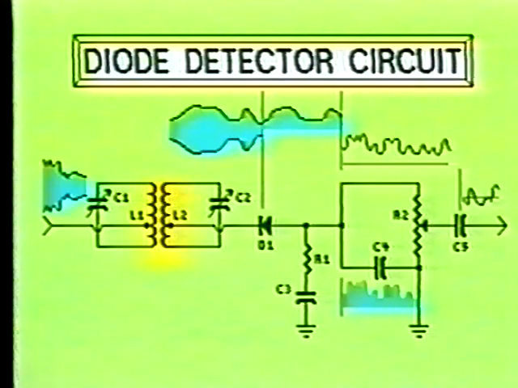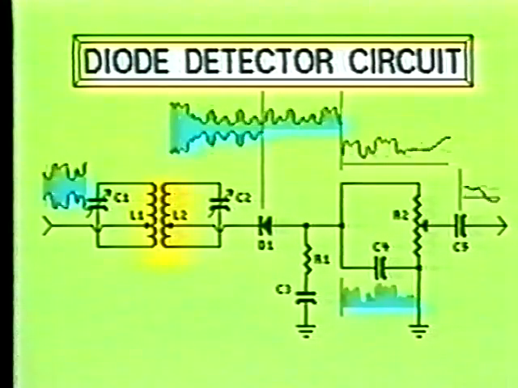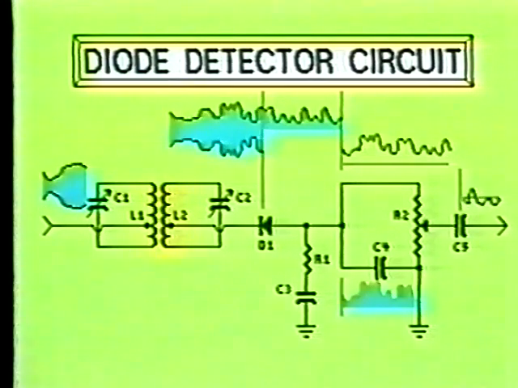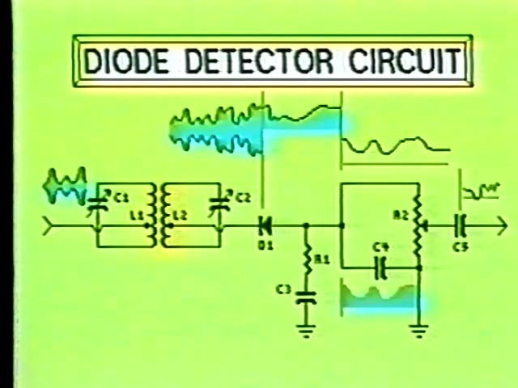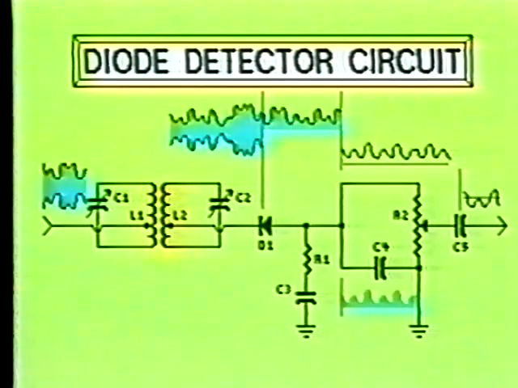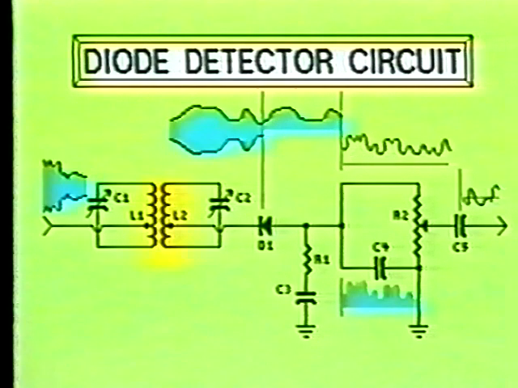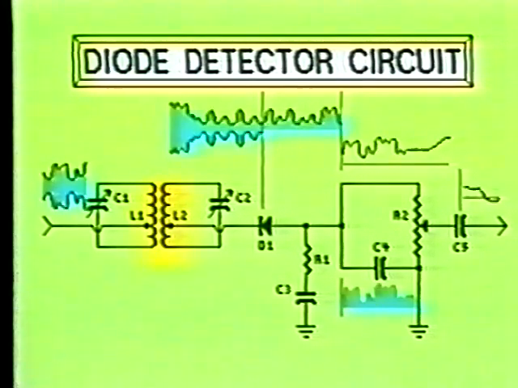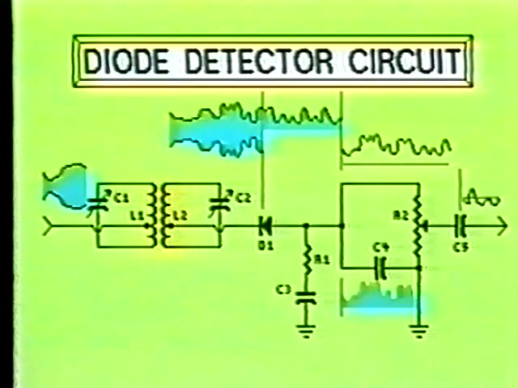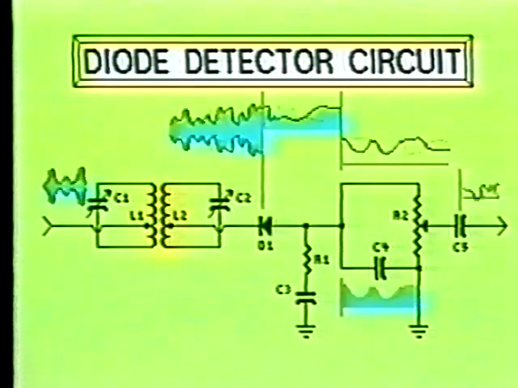The value of C4 will be chosen to offer a low impedance to the RF component and a high impedance to the much lower audio frequency component. This results in capacitor C4 bypassing the RF carrier wave to ground while blocking the audio frequency signal. The audio signal is then passed through capacitor C5 where the DC component is removed.